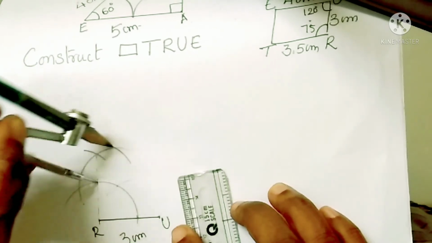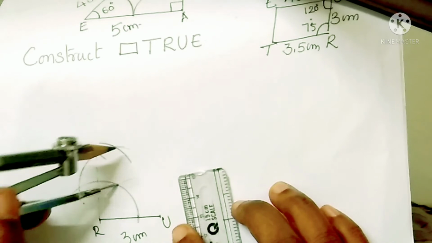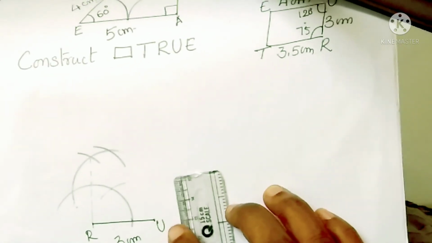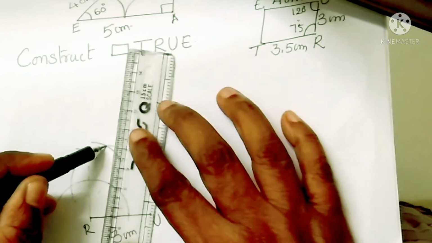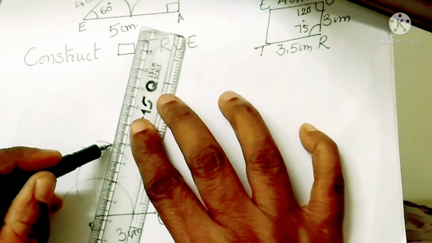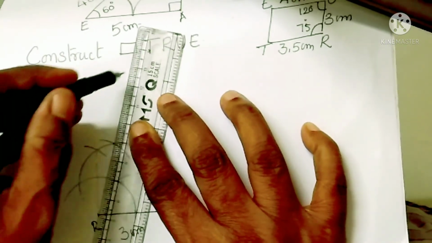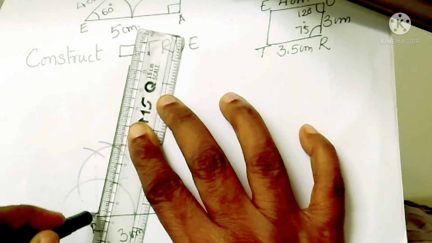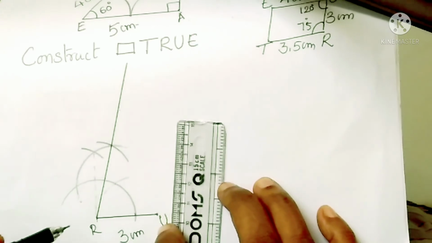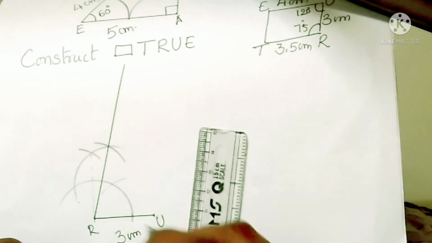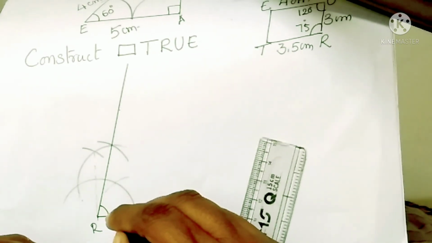So here one line, this line is already there, so you don't have to draw again. So this point is for 75 degree. Okay, so join 75 degree. So this angle is 75 degree.